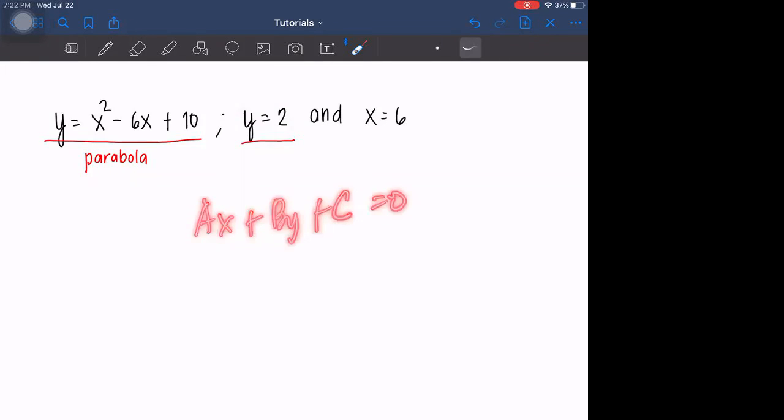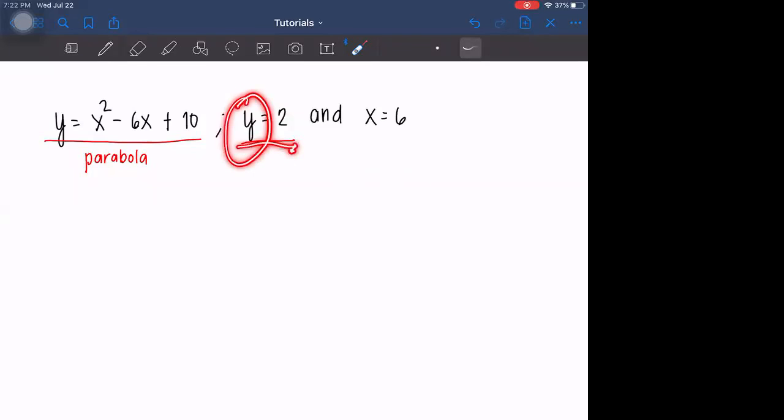If the two variables are present, the line is inclined to the right or to the left. If it's just y, the line intersects the y-axis. A vertical line will never intersect the y-axis. If it's y equals 2, it touches the y-axis, meaning that's a horizontal line. And if it's just x, it is a vertical line because it will intersect the x-axis.